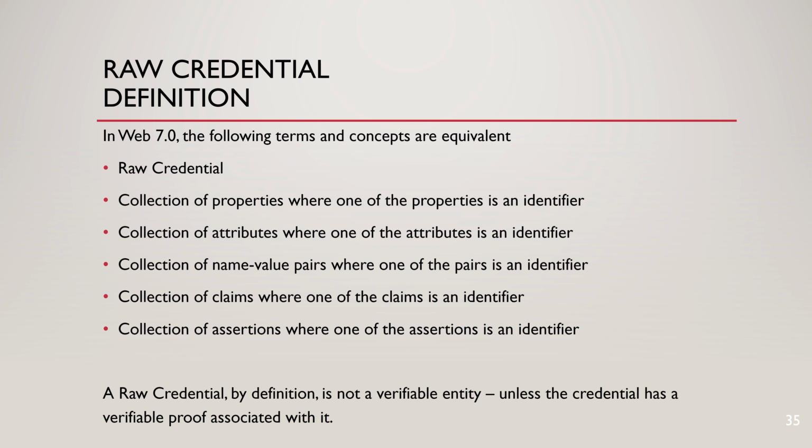A raw credential is synonymous with a collection of properties where one of the properties is an identifier, a collection of attributes where one of the attributes is an identifier, a collection of name value pairs where one of the pairs is an identifier, a collection of claims where one of the claims is an identifier, or a collection of assertions where one of the assertions is the identifier. So you begin to see the pattern there.